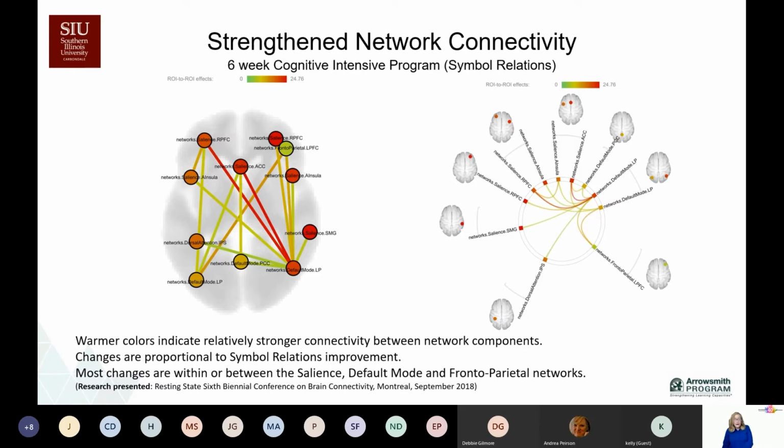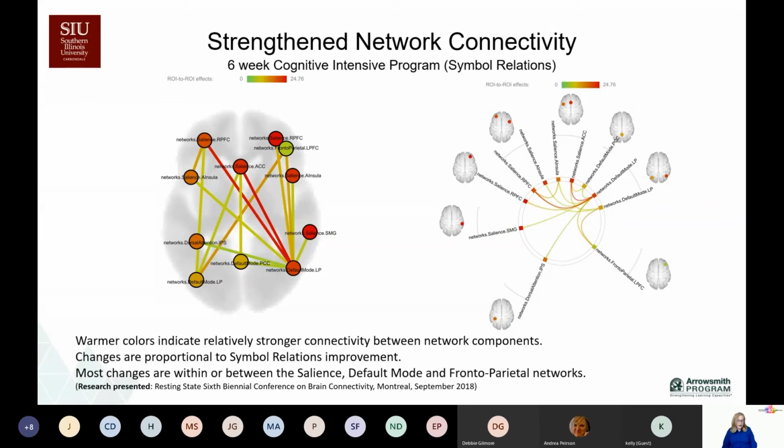The warmer colors are stronger connections and the cooler colors are less strong connections. What the researcher found over the 6-week program was that areas that were underconnected or weak in their connections at the outset actually strengthened in their connections.